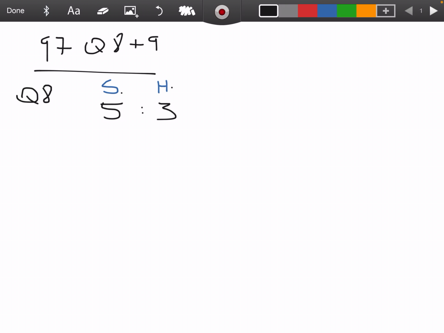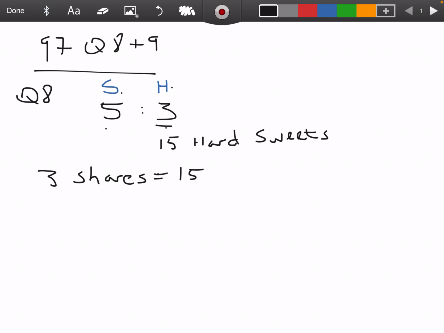It says then there are 15 hard sweets in the bag, which means how many sweets in total are in the bag. So if soft to hard is 5 is to 3 and there are 15 hard sweets, that means that we've got 3 shares, or 3 parts, is equal to 15 sweets, isn't it?